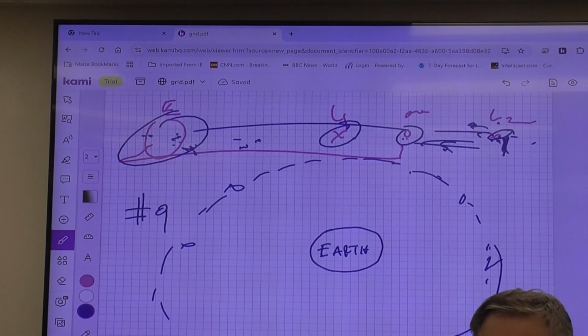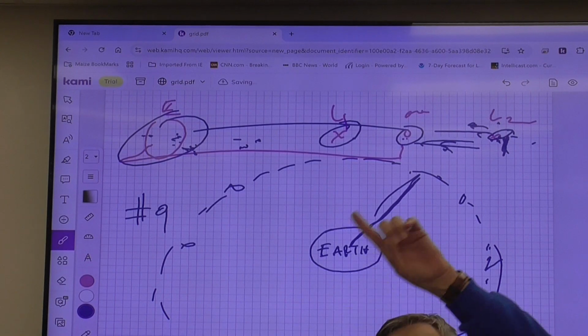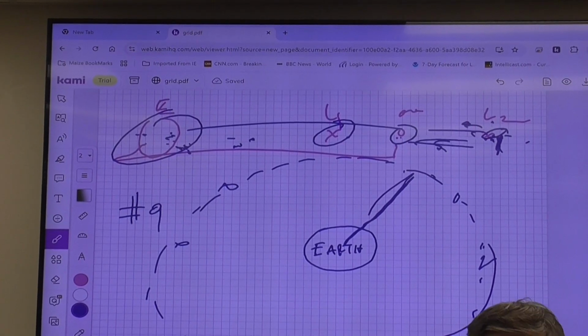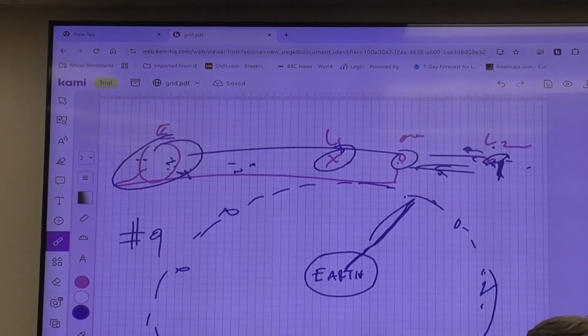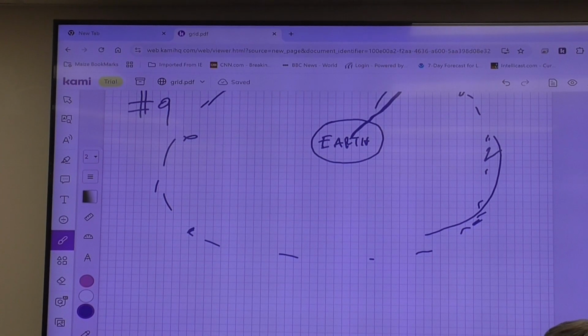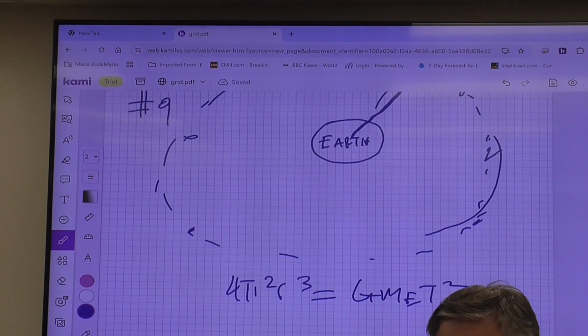So the first thing you do on number 9 is figure out the orbital radius of these satellites so you know where to park them in this orbit. You need to start with that big Swiss Army knife equation that says 4 pi squared r cubed equals big G mass of the Earth t squared.